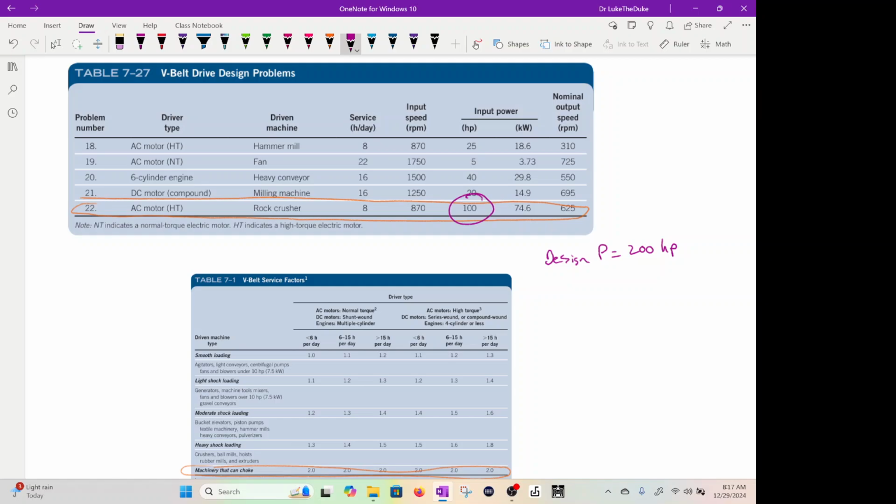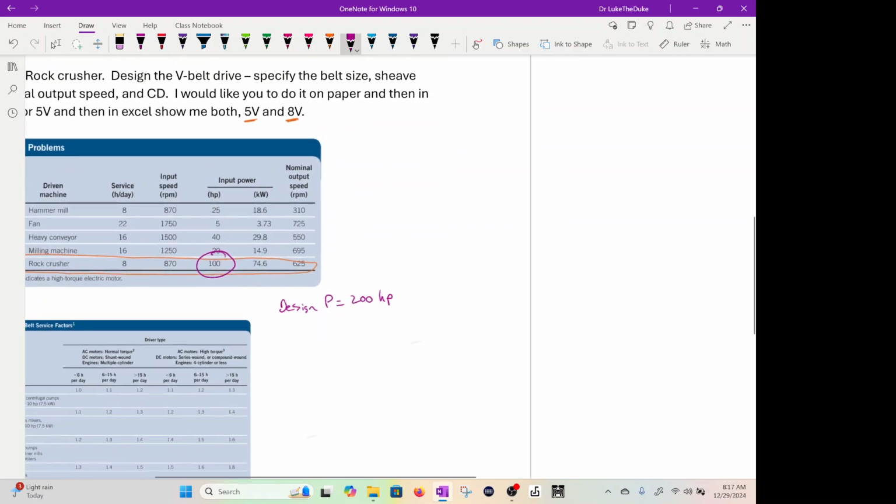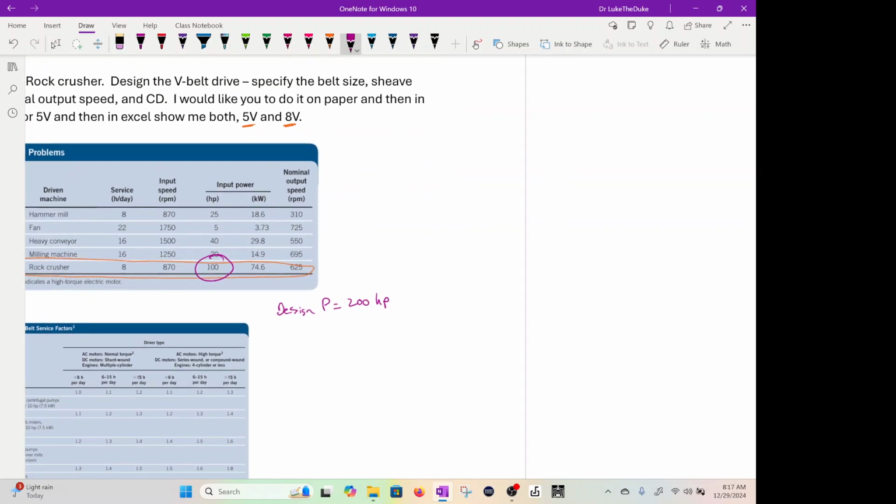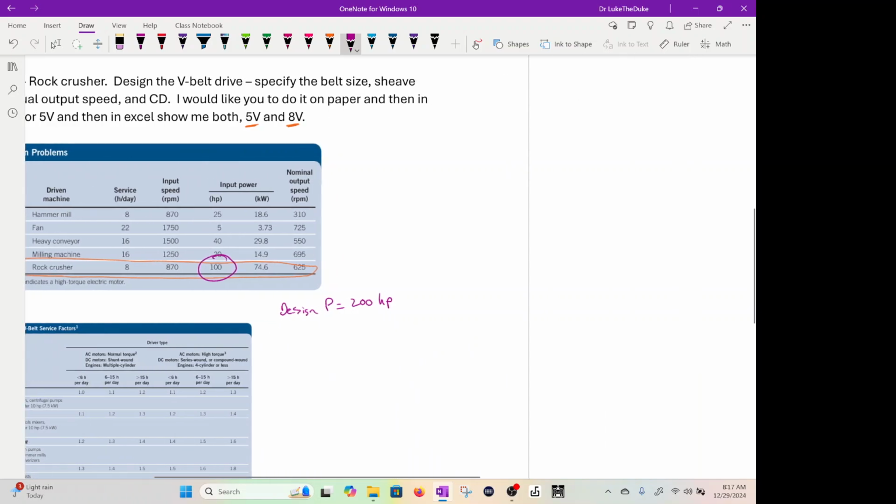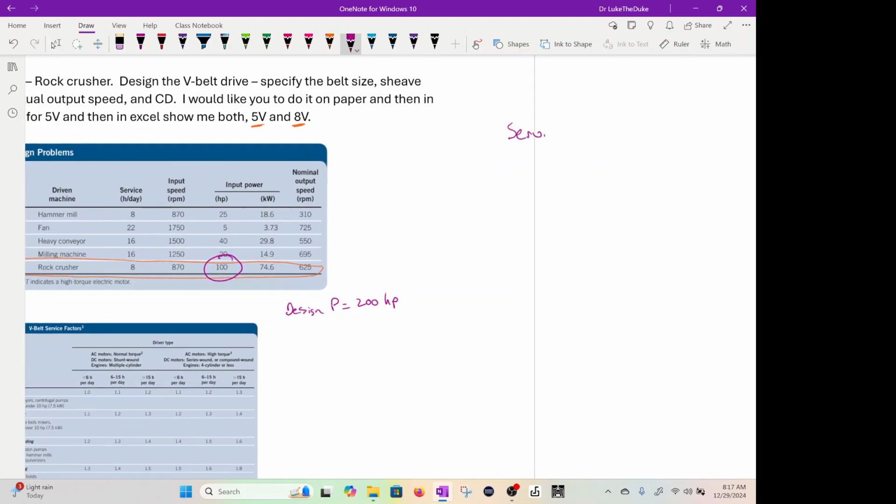The way you do this problem, as an outline, is again, you look at this service factor, determine what type you are, and calculate your design power. Determine your ratio.